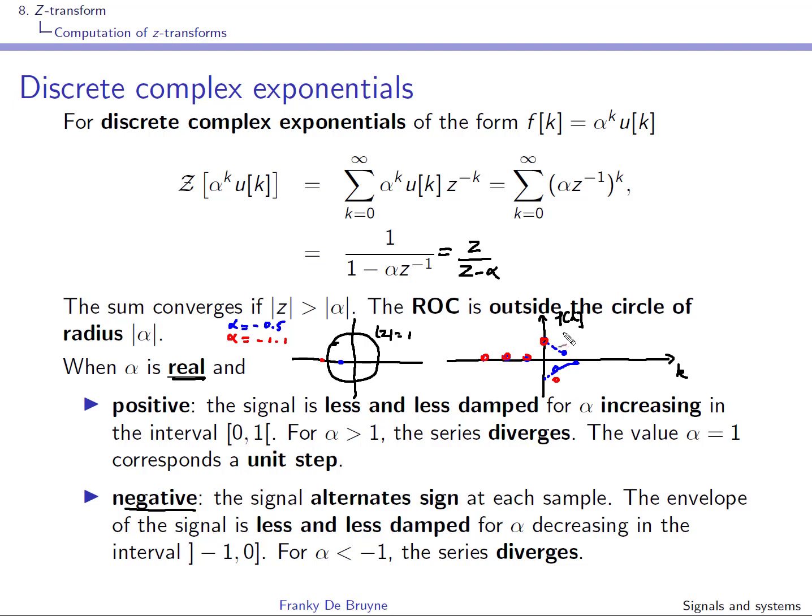At k is equal to 2, you have something approximately here, and then here. So again, you have this alternation of signs, but you have something that is globally diverging, and we will see later that it is linked to the fact that the pole is outside the unit circle.